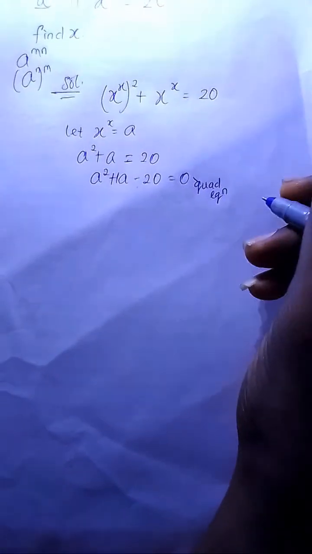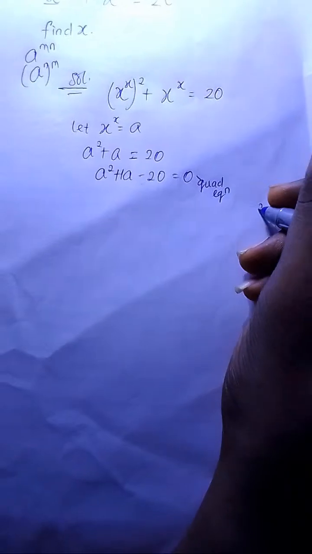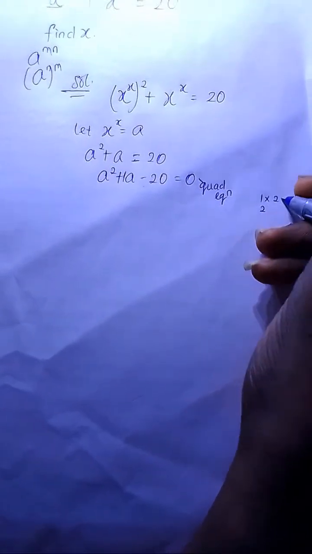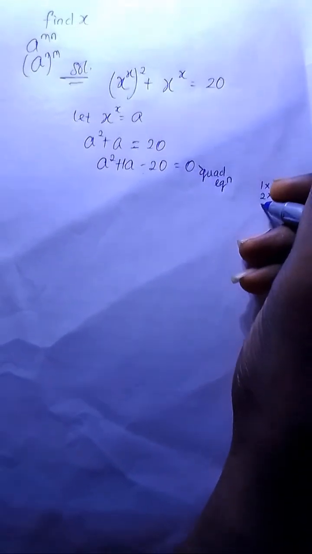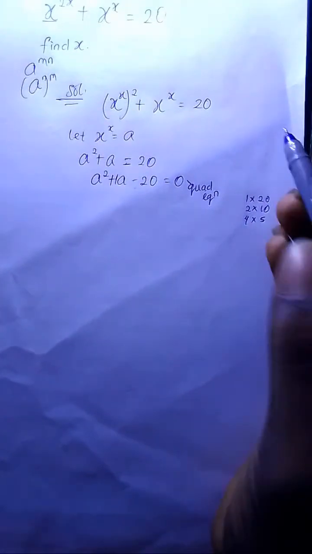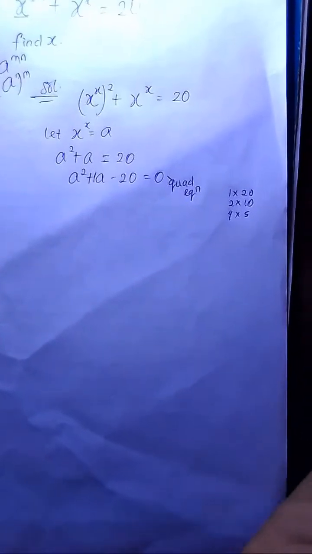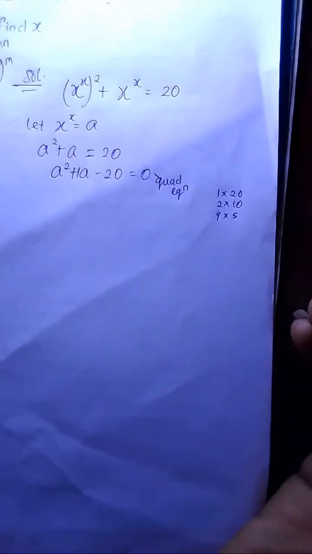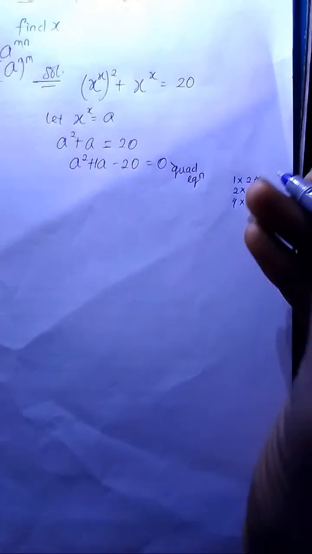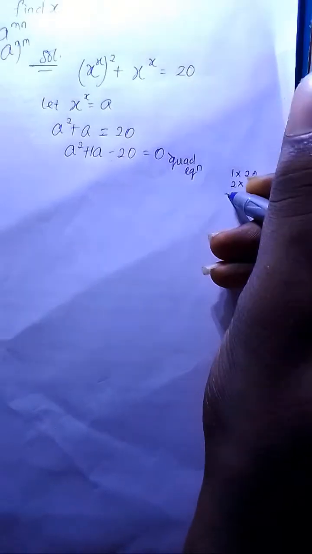If we have factors of 20, we have 1 times 20, 2 times 10, 4 times 5. If you can see this, 4 times 5 gives us 20, not minus 20. And so, from here, if you put minus here, minus 4 times 5 gives us minus 20, and minus 4 plus 5 gives us plus 1.